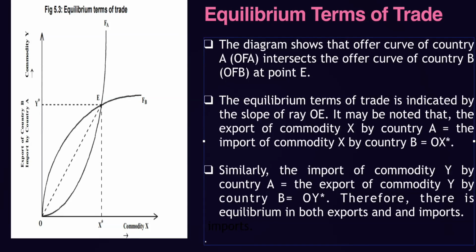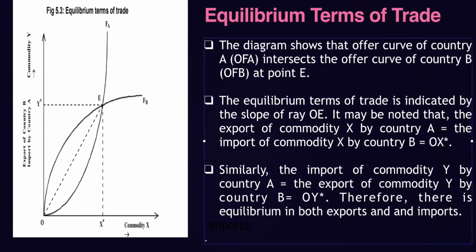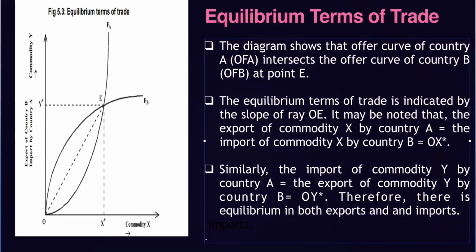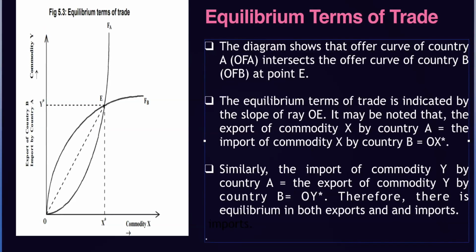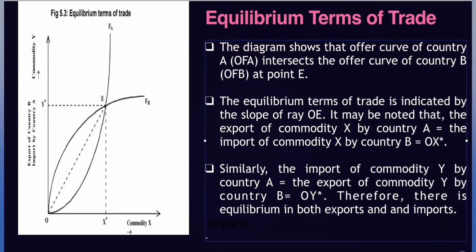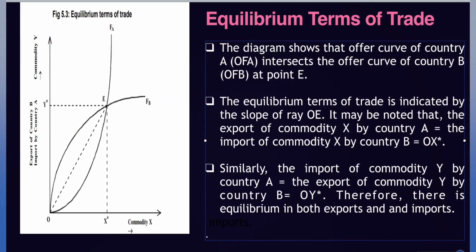Now coming to equilibrium terms of trade. The equilibrium terms of trade is determined when the export of one country is equal to the imports of another country for different commodities. Graphically, this equilibrium point is determined at the intersection point of the offer curves of two trading countries.